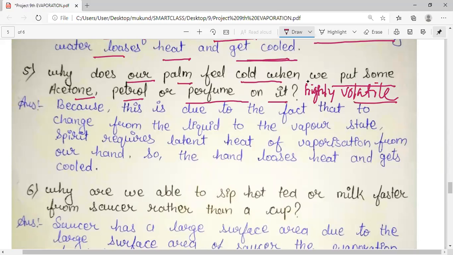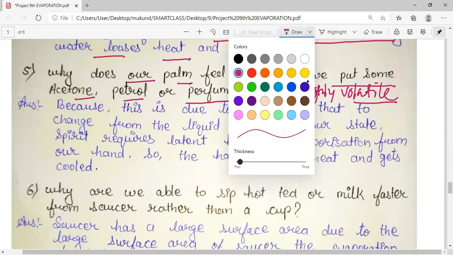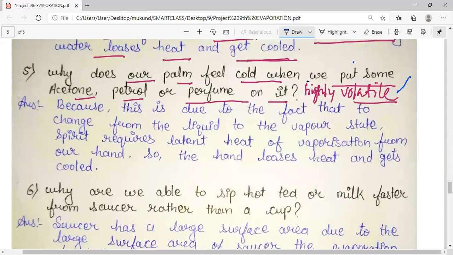That is what we need to understand. It simply means that these substances have a low boiling point, or they evaporate faster. They require less energy to evaporate.